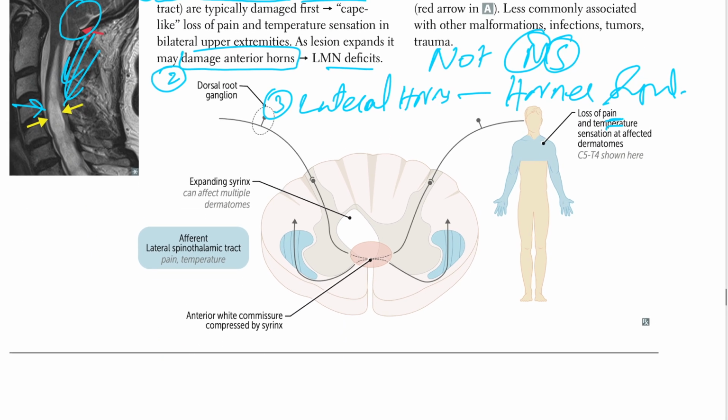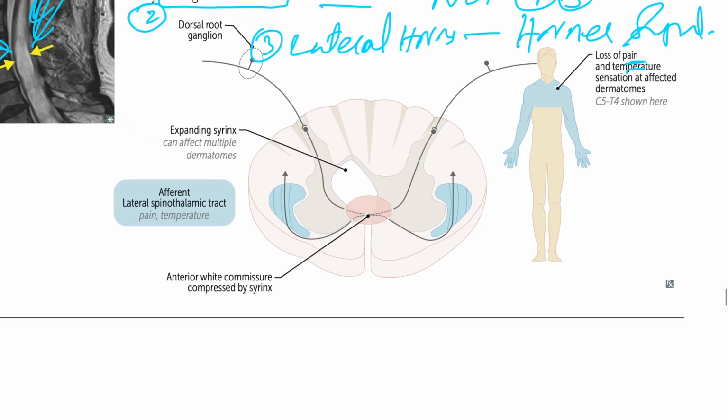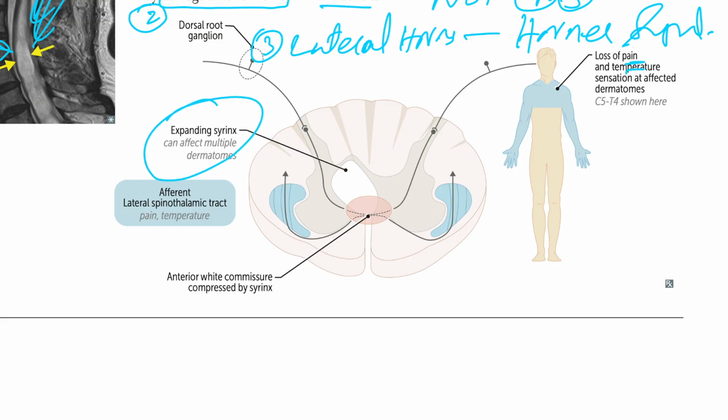Horner syndrome, let's take a look at this. So you have a syrinx. This is the expanding of the syrinx. As the syrinx is expanding, the first thing it's going to mess up is this anterior white commissure, and there's the spinothalamic tract going through the anterior white commissure.